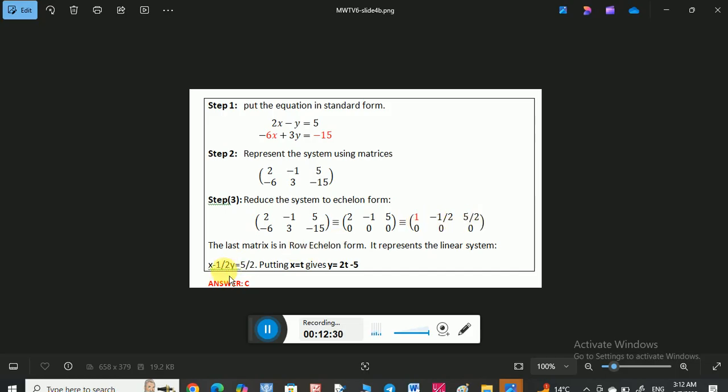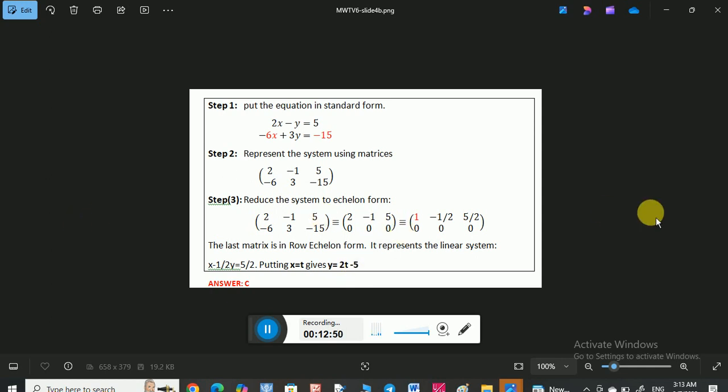If we let x be equal to t, in place of x we put t, then y becomes, even from the first equation we can see, 2t minus 5.